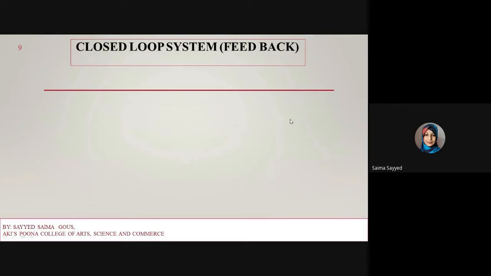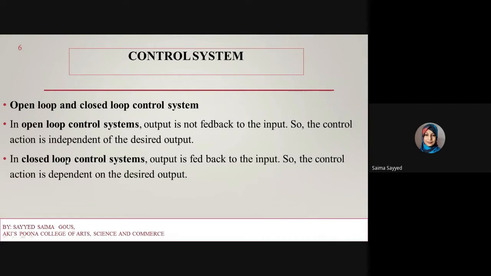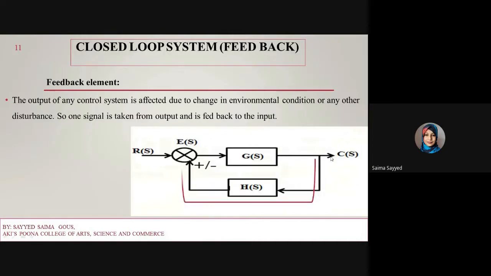Then we will see the closed loop system, which is called feedback control system. In this control system, there is a relation between output and input. Output is fed back to the input to modify the errors. One signal is taken from output and fed back to the input.